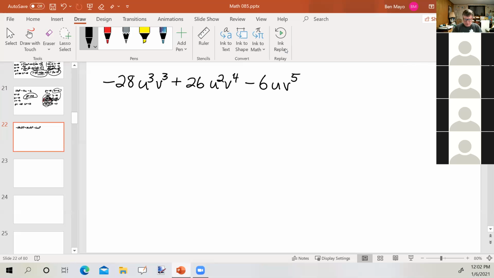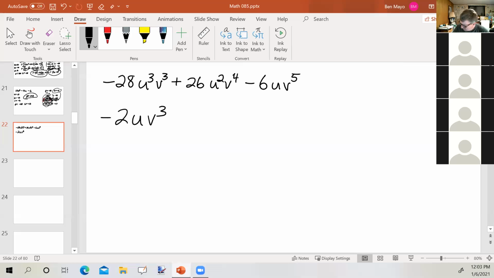Now, greatest common factor. Well, the coefficients, I could take a 2 out. Oh, but the leading term's negative, so I would take out a -2. I can also take a u out of each term and a v cubed. So there's my greatest common factor. So I'm going to take that out of each term.